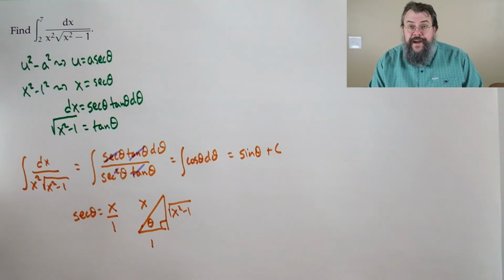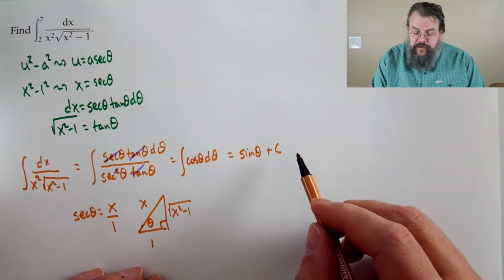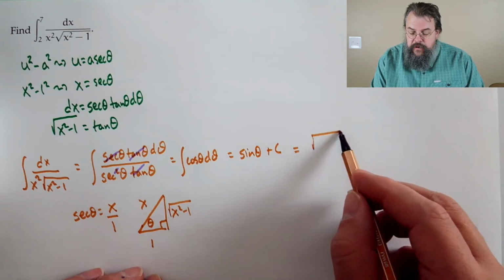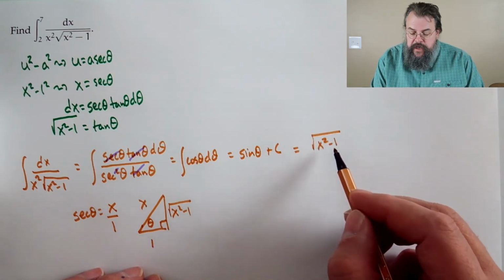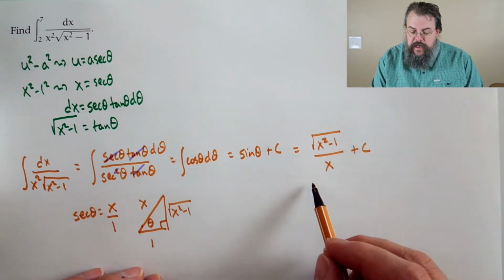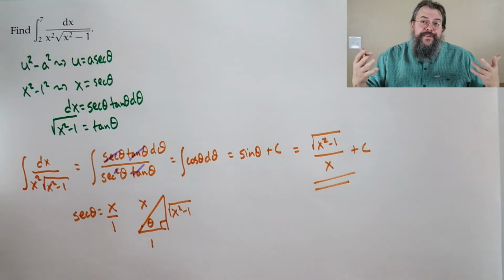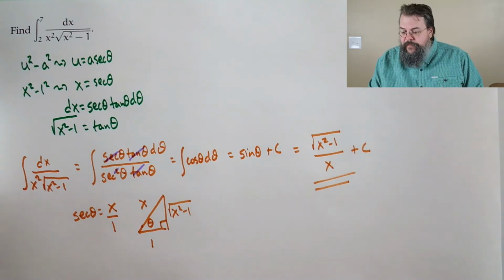So our sine is the opposite over the hypotenuse. So we end up with the square root of x squared minus 1 over x. Okay, now that's not our answer. That's if we did this integral just as an indefinite integral.